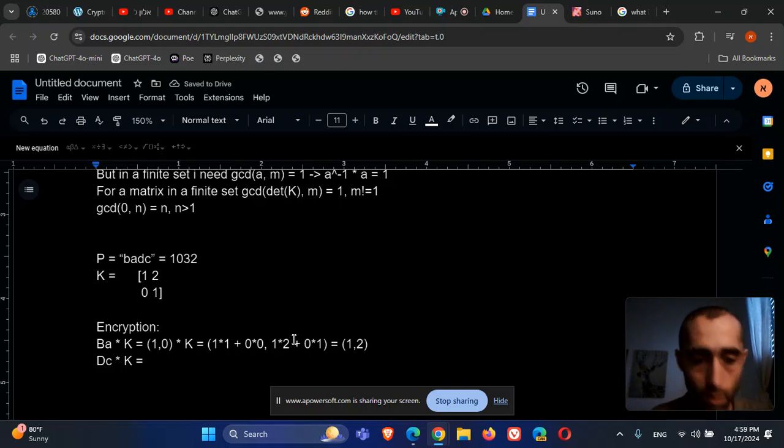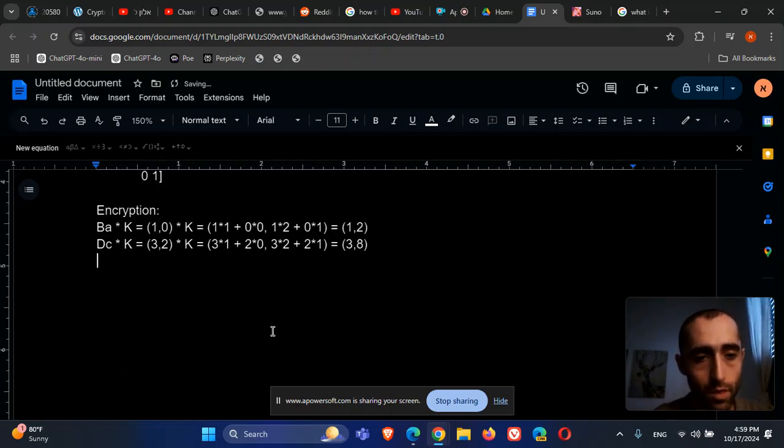Great. Now I need to do it for the second part, which is 3, 2. And I will do it maybe a little faster: 3 times 1 plus 2 times 0, and 3 times 2 plus 2 times 1, which will give us the vector 3 and 6 plus 2, which is 8, if I had no mistakes.